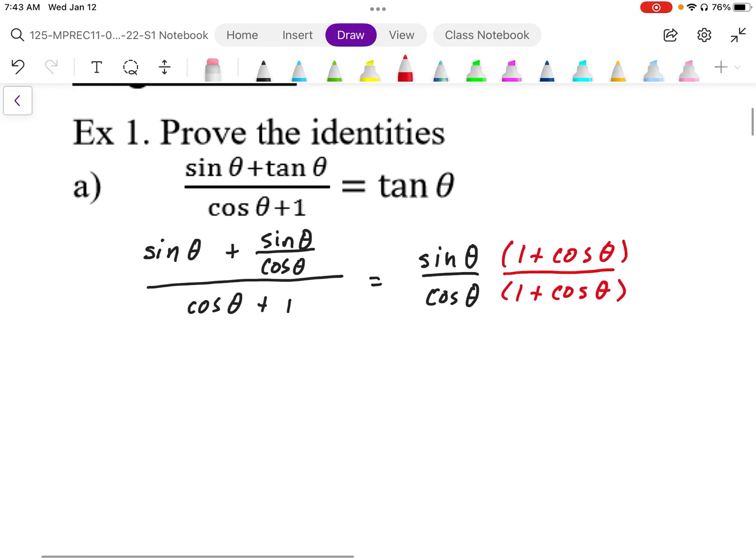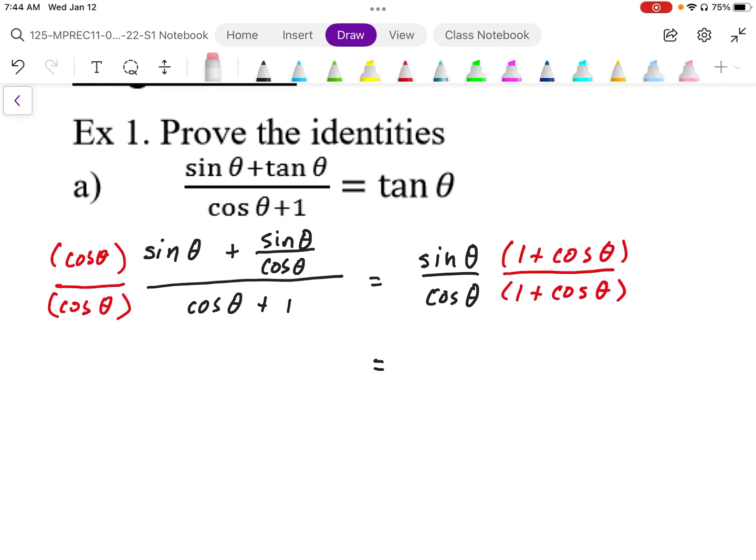And I'm going to do the same to the left-hand side, but this side I'm going to multiply by cos theta. By multiplying the top and bottom by the same thing, I haven't changed the left side at all, and I haven't changed the right side at all. I could do this independently, in two separate steps. But what I've done is generate a common denominator for this identity.